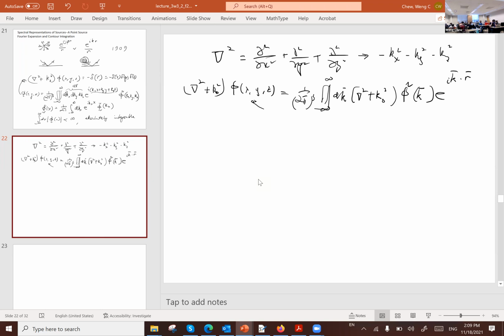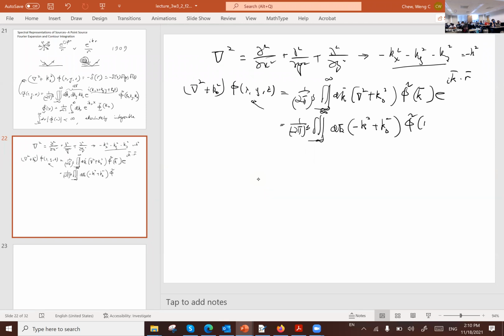So then what I have is that the left-hand side will be this with dk, and this will be k squared. Sorry, k squared is this one. Plus k naught squared, E tilde k, e to the ik dot r. So that will be the left-hand side.